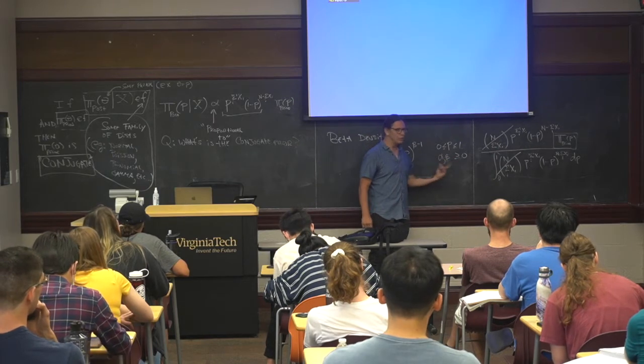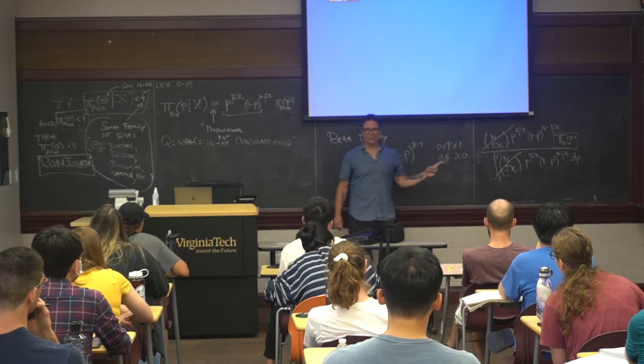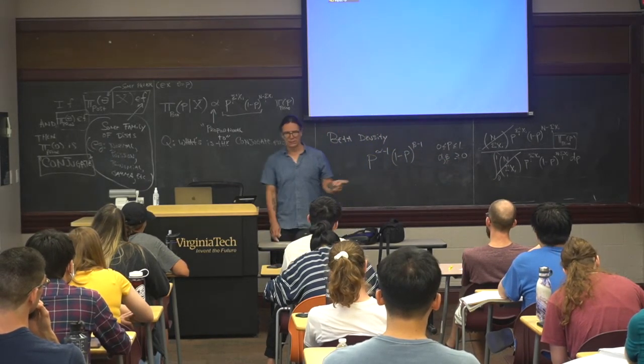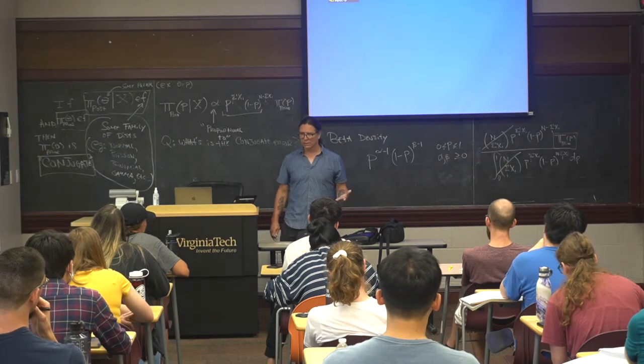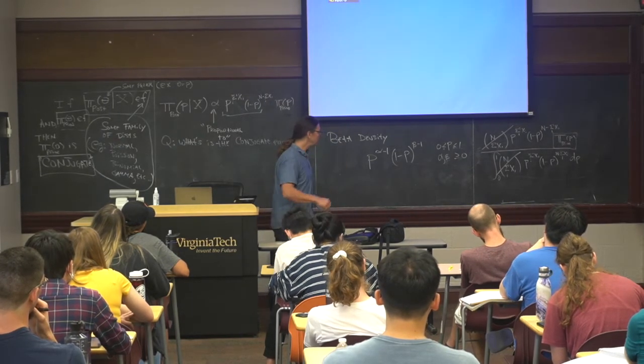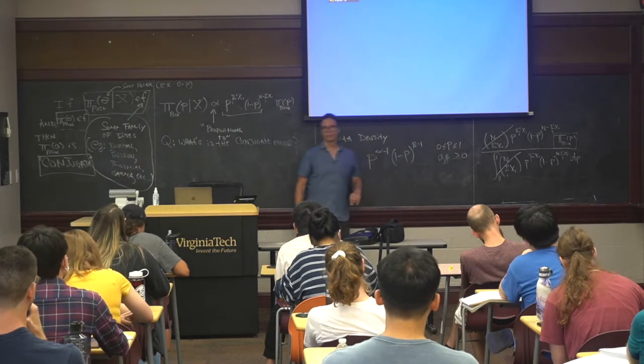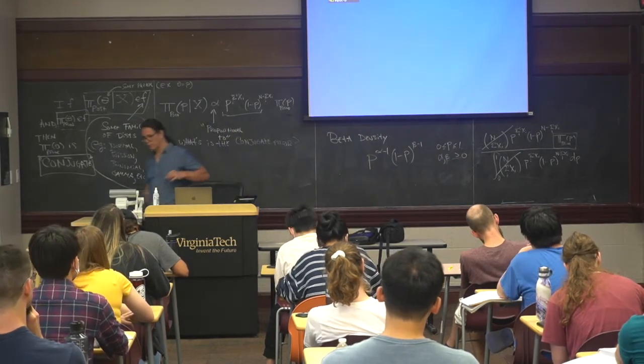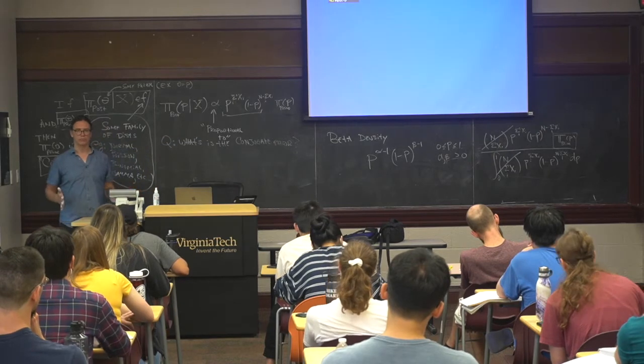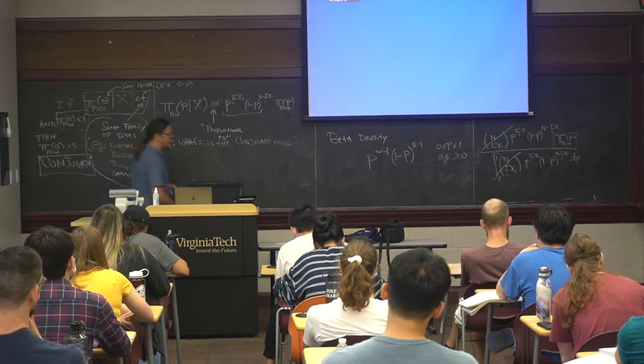You can use zeros in here, and some people will. That's called Haldane's prior, which is talked about in your book. But usually people make these positive, so that it's an actual probability distribution, so that it integrates.